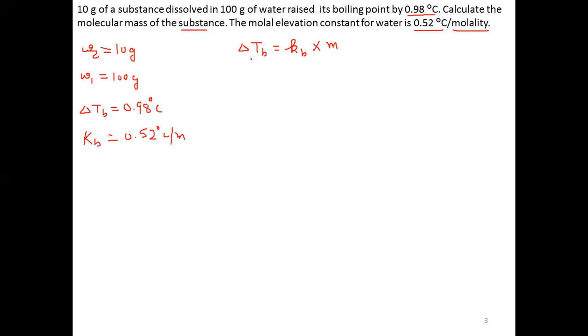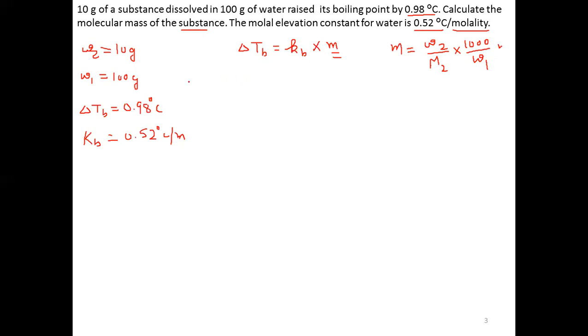Now delta TB, Kb is given, molality. Molality we already know is the number of moles per kilogram of solvent. So it is given by W2 by M2, which gives the number of moles of solute, into 1000 divided by the weight of solvent in grams. So this is the formula for molality.